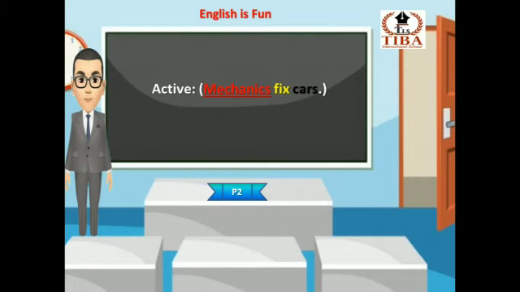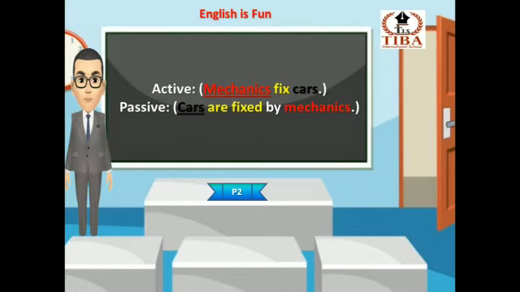We started with the subject mechanics, which is a plural noun, then the verb fix in the present simple form, and at the end of the sentence, the object cars, which is also a plural noun. When we turn it into the passive form, we start with the object cars, then the plural verb to be are, and the past participle form of the verb fix, which is fixed, and we use the preposition by, then the subject mechanics.